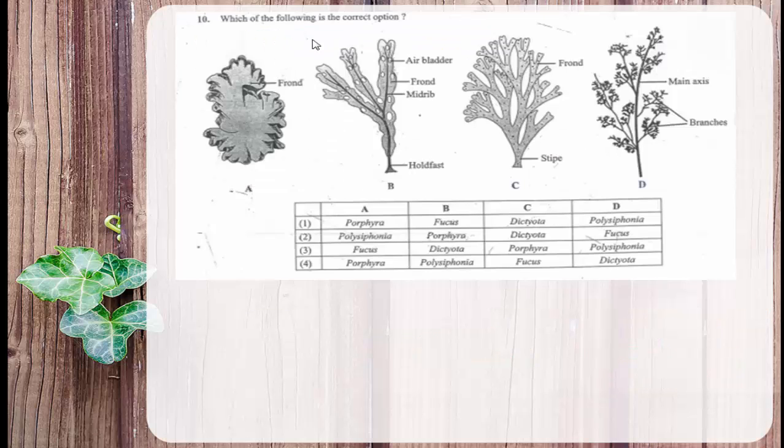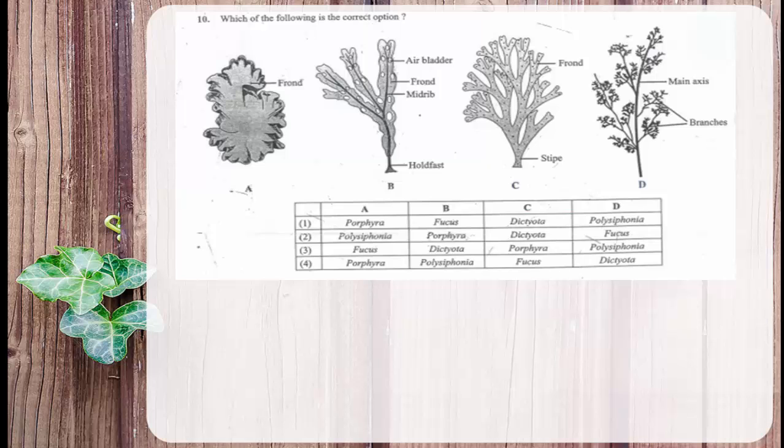Then moving to the next question. Here images are given and all of them are from the NCERT text only. Which of the following is the correct option? What A represents, what B represents, what C represents, and what D represents.